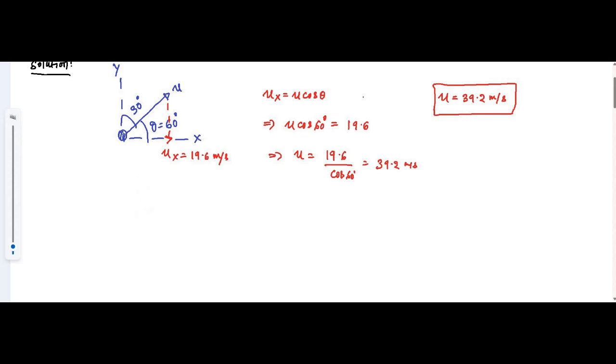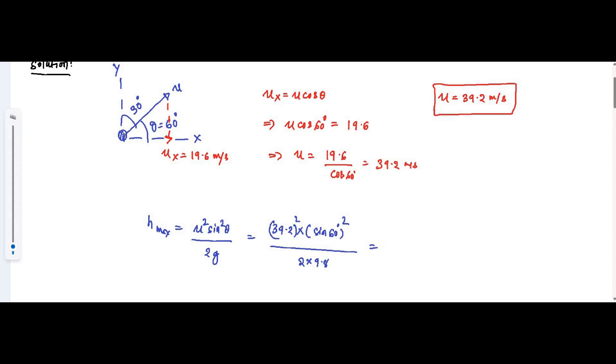So maximum height is equal to u square sine square theta by 2g. Here nothing is mentioned, so we'll take 9.8 meter per second square. So it is equal to 39.2 square into sine 60 degree square by 2 into 9.8.